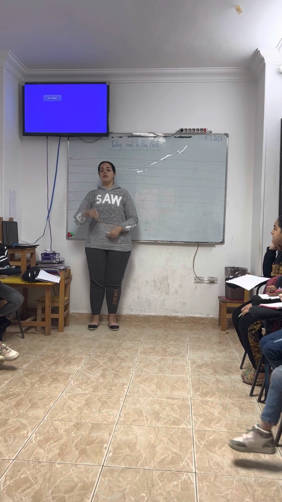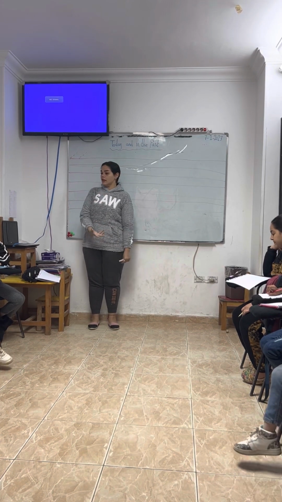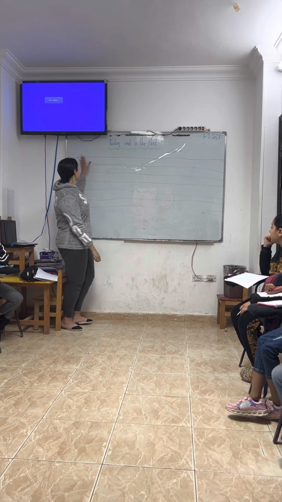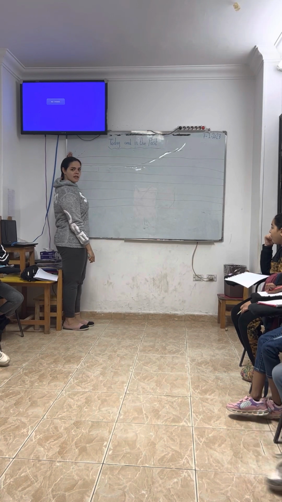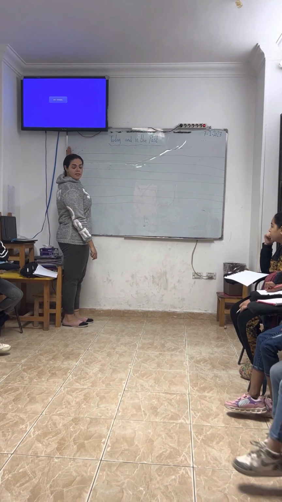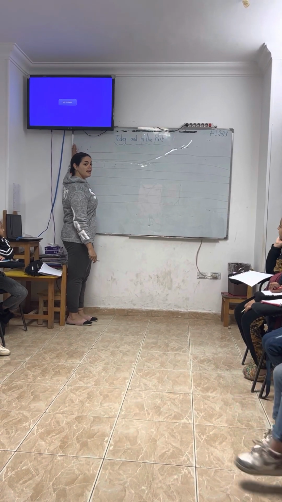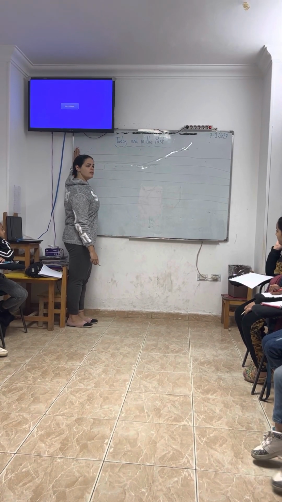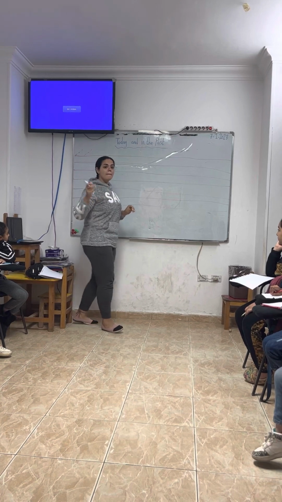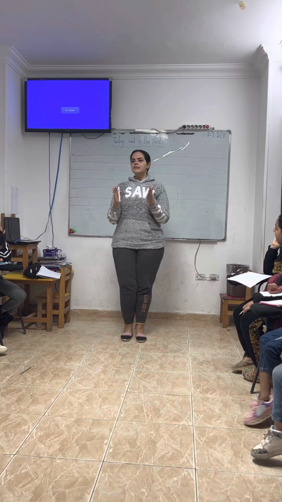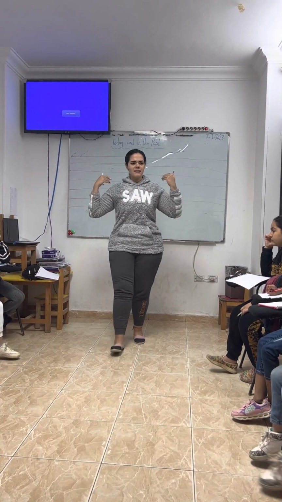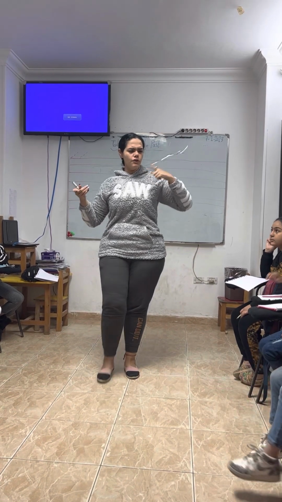Okay, you know that when I want to write, we should leave a space here. It's called indent. In the beginning of the paragraph, I'm going to leave an indent. And I'm going to start with "in the past." Since I am talking about the past, I'm going to say there is or there was?